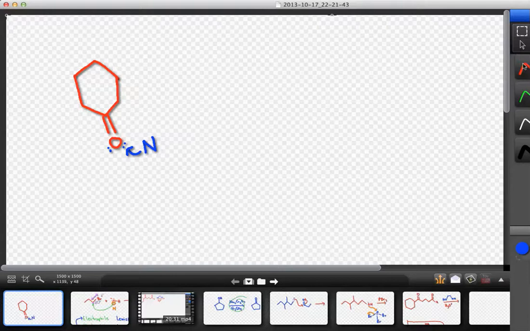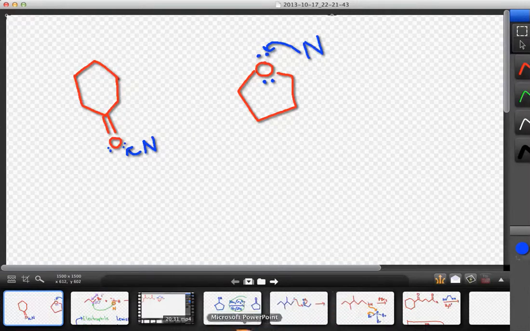In tetrahydrofuran, you really have the same issue. And it really doesn't matter which of these lone pairs you choose. One of those lone pairs is going to be nucleophilic.